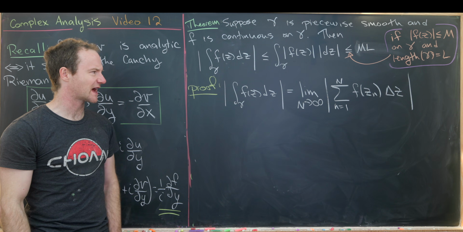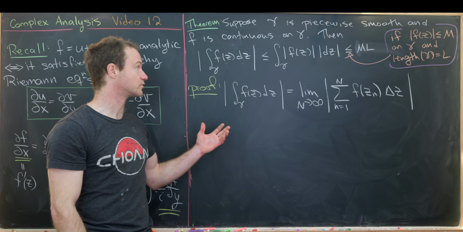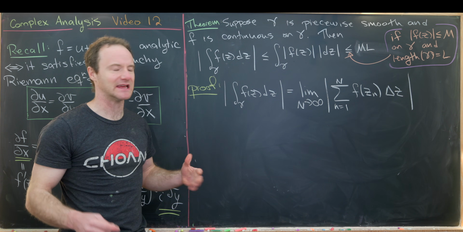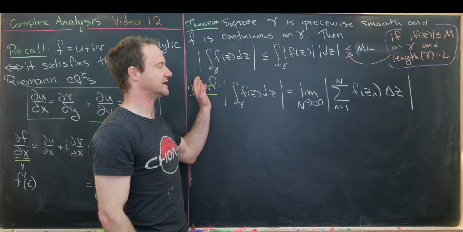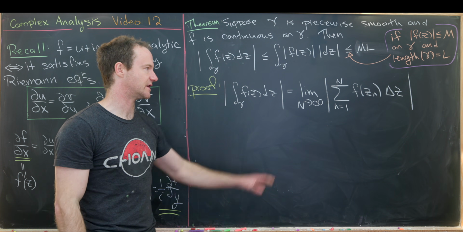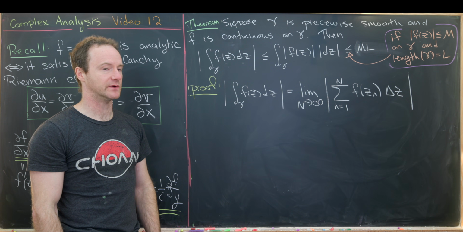Of course, there's kind of an undercurrent here that this z_n is really gamma evaluated at t_n, where the t_n is based off of a partition of whatever interval we're having here. But I think this is an okay way to do it here.